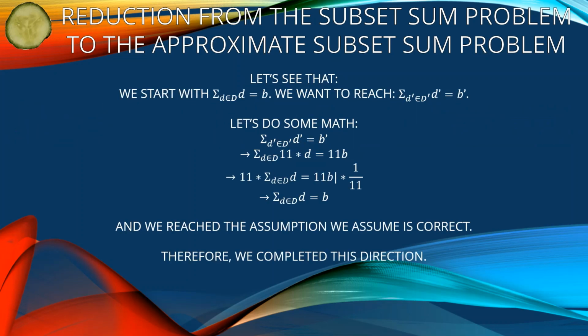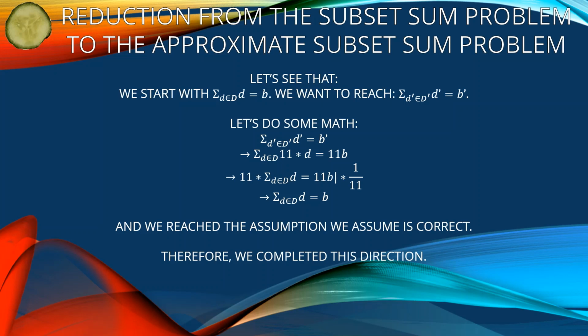Let's see that. We start with sigma of d in D, d equals b. We want to reach sigma of d prime in D prime equals b prime. Let's do some math. Sigma d prime in D prime equals b prime. That equals sigma d in D of 11 multiplied by d equals 11 multiplied by b.